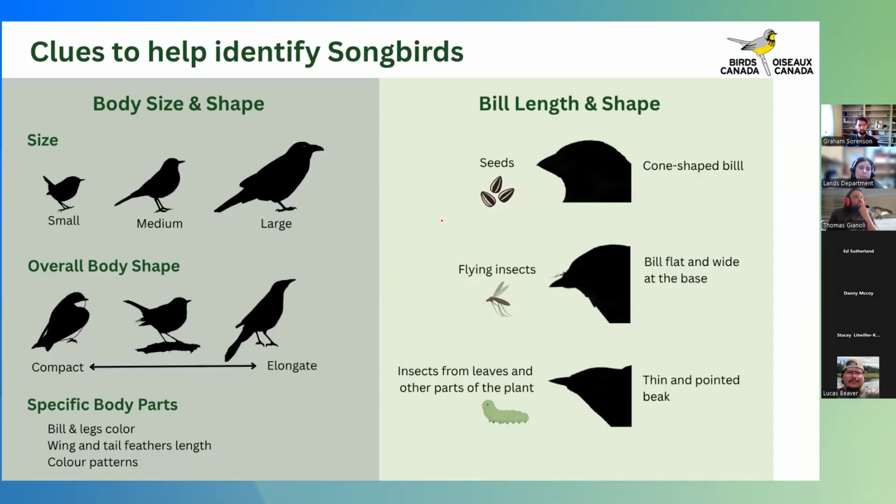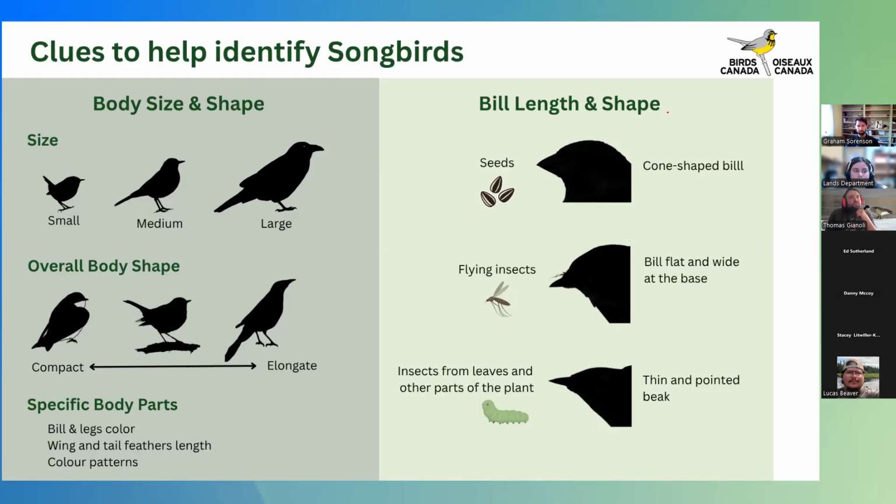So some clues to help identify songbirds. When we look at them, body size and shape, smaller versus larger birds, species can differ. The shape, are they compact, elongate? All species have their own characteristics, and then specific body parts like bill and leg color, the length and the projection of the feathers, and the color patterns are really helpful.